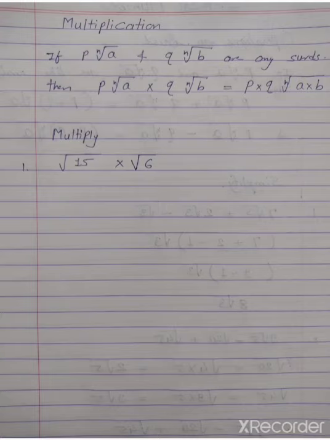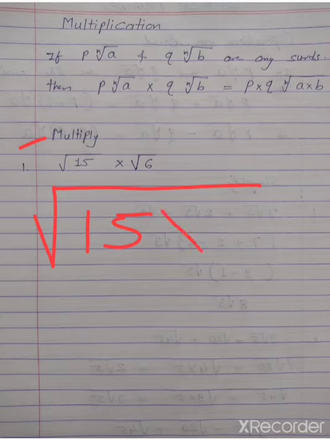So let us multiply this first example. Root 15 and root 6, these are two different surds, or you can say unlike surds. So here I am directly using the radical sign as a common symbol. Then I write first radicand 15 into second radicand 6.